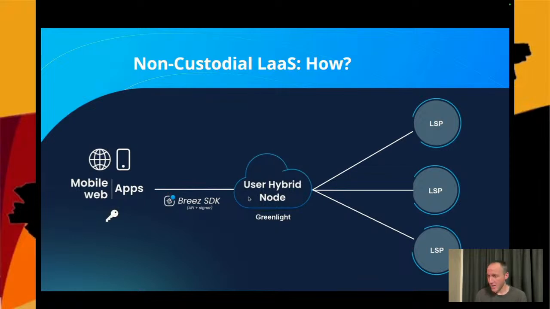Definitely if you want to embed Lightning payments natively into your application. So it's easier when you have a backend. So this is where the node takes a position. And your node will be connected to the Lightning network through Lightning service providers. So they're sort of your gateway into the broader Lightning network.